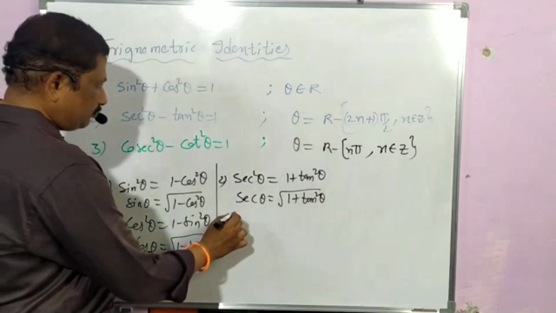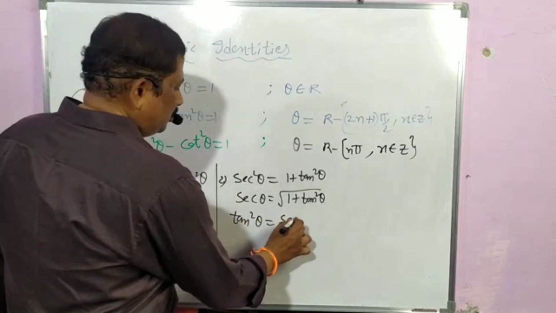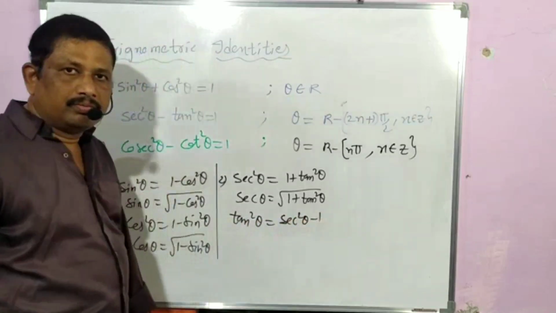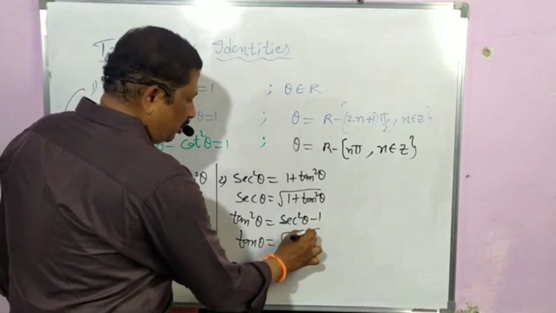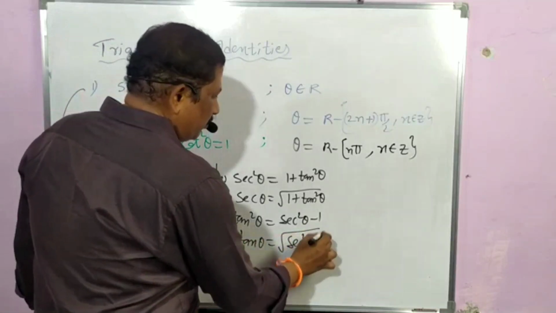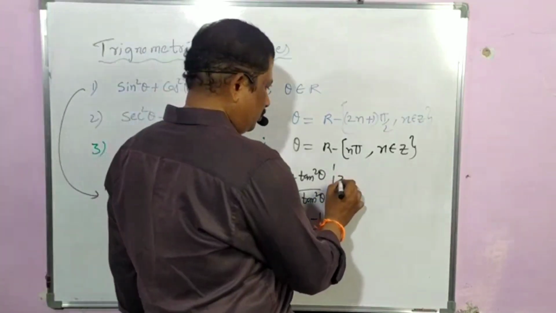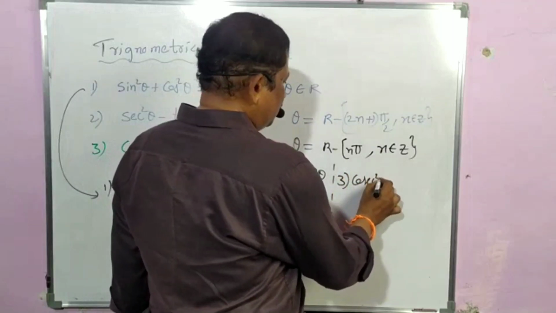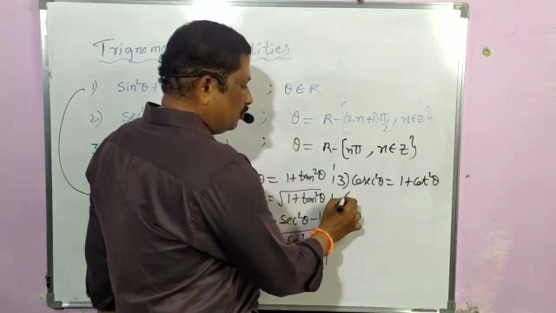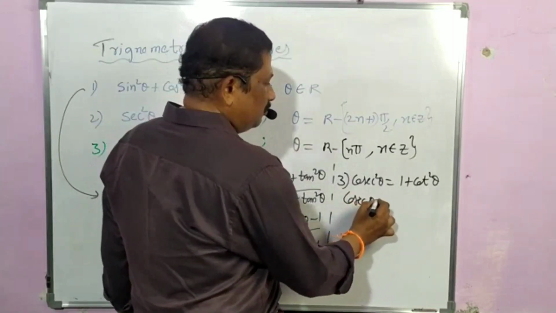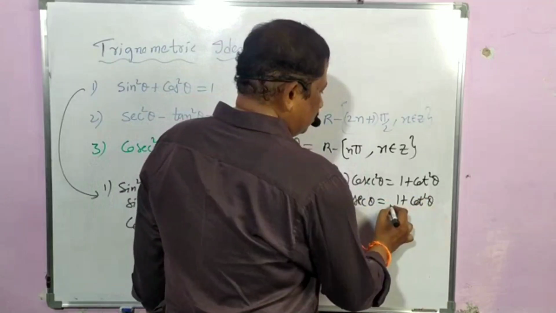Same way, tan square theta is equal to secant square theta minus 1, and tan theta is equal to under root of secant square theta minus 1. And next, cosecant square theta is equal to 1 plus cot square theta, and cosecant theta is equal to under root of 1 plus cot square theta.